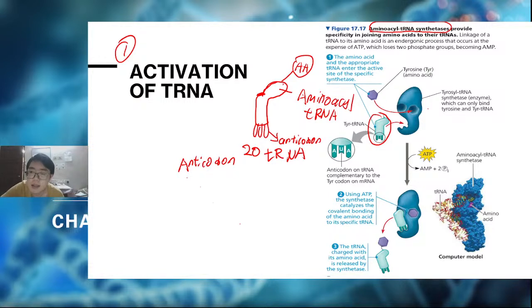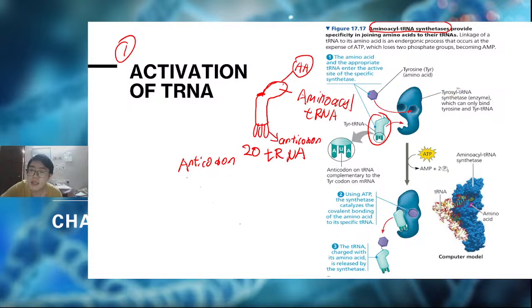In this example, it uses tyrosine tRNA synthetase. If you know the amino acid, it will directly change to that amino acid's name, but our general term is amino acid tRNA synthetase. This one says tyrosine because they use tyrosine as the example.